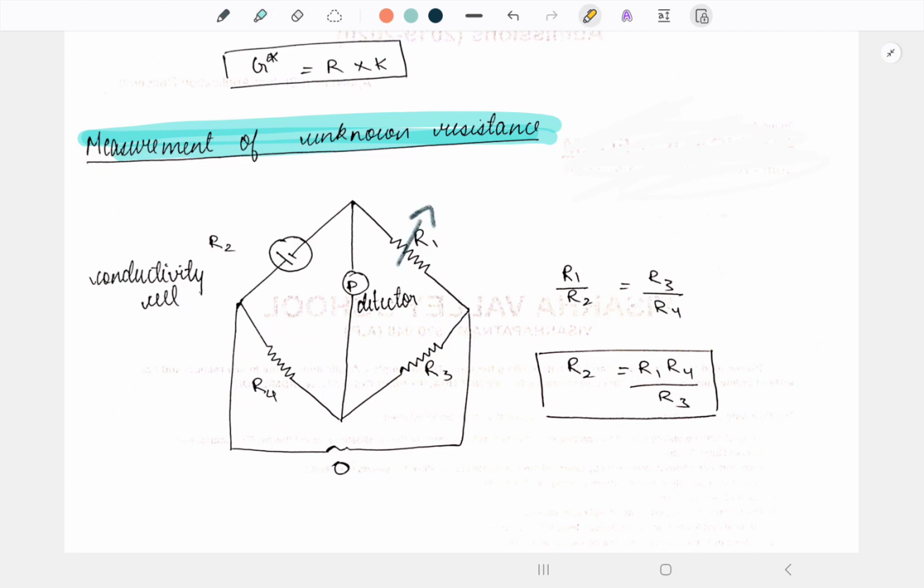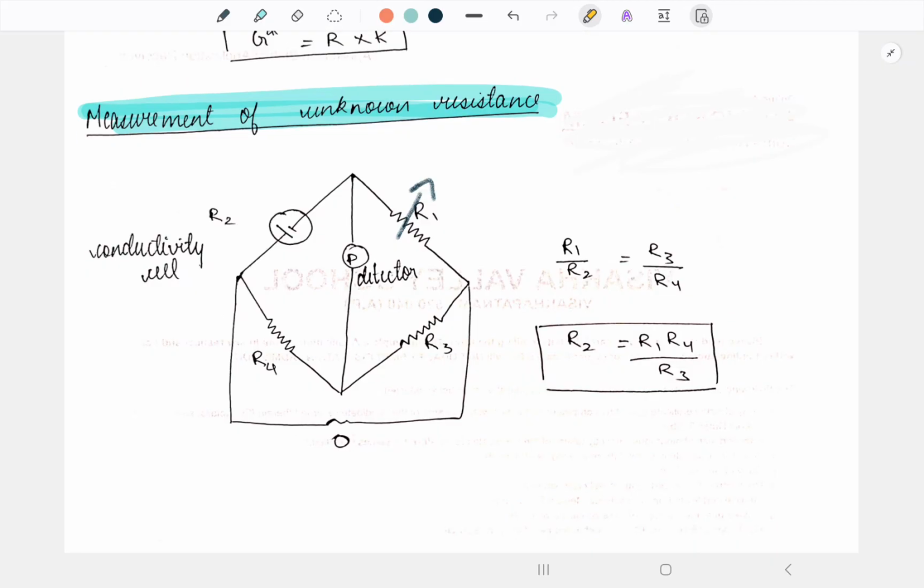So R1 can be adjusted until no current will pass through the circuit, and O is the source of the AC power called the oscillator, and under the no current condition, minimum or no sound can be heard from the earphone, which is P, the detector. So when no current will pass, R1 by R2 is equal to R3 by R4 according to the Wheatstone bridge principle. So from this we can find the R2 value to be R1 into R4 by R3.